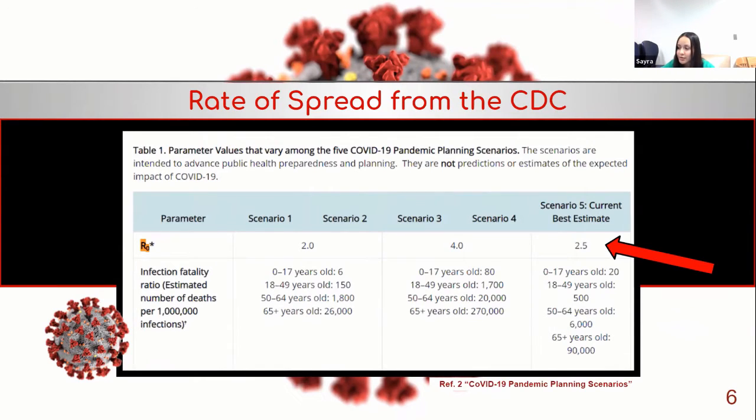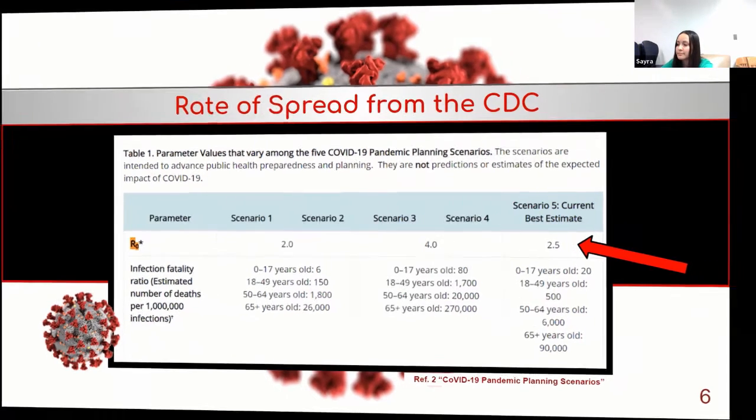So we set ours to about 4, which is basically in the middle, but a little bit on the high side. This number is the number of people an infectious person is expected to infect in our model. So with the R0 set to 4, every one person that is sick would be expected to infect 4 more people with no mitigation measures in place.